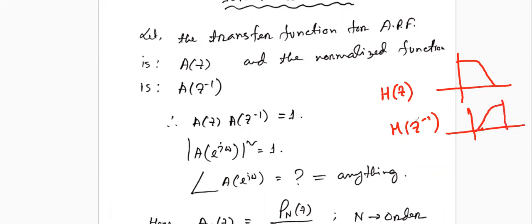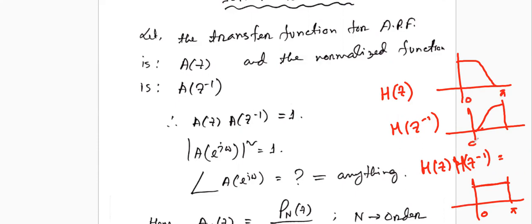Then if you multiply H(z) and H(z) inverse, what would be the output? Of course, in the frequency domain, it will pass everything, from 0 to pi. In the first filter, it passes something and blocks something.